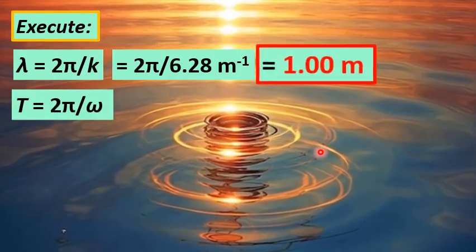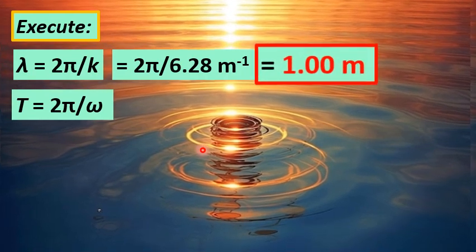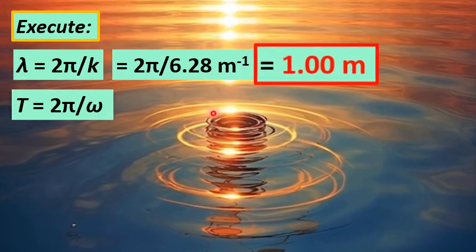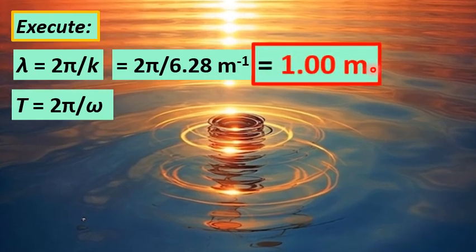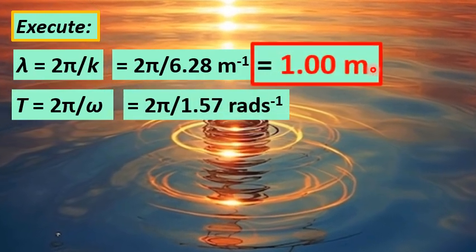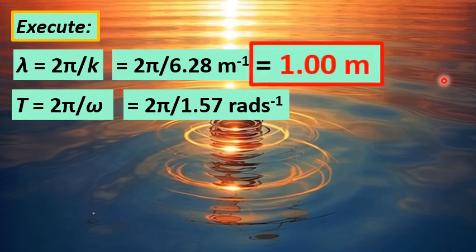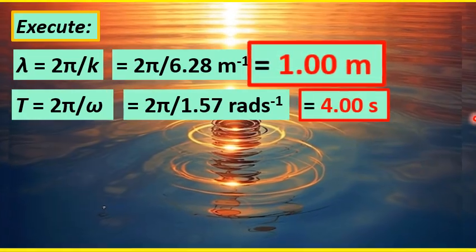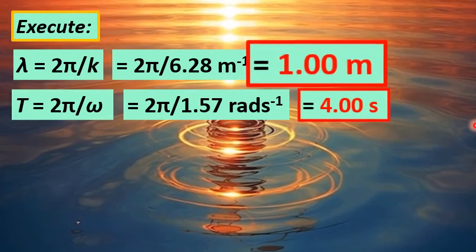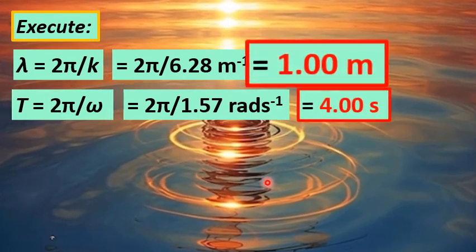The period, capital T, is equal to 2 pi divided by the angular frequency omega, or 2 pi divided by 1.57 radian per second, that is, capital T is equal to 4.00 seconds.